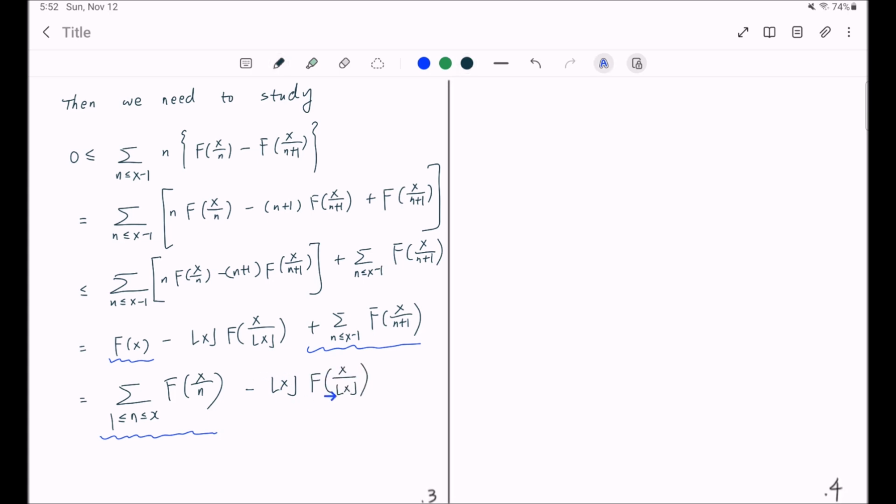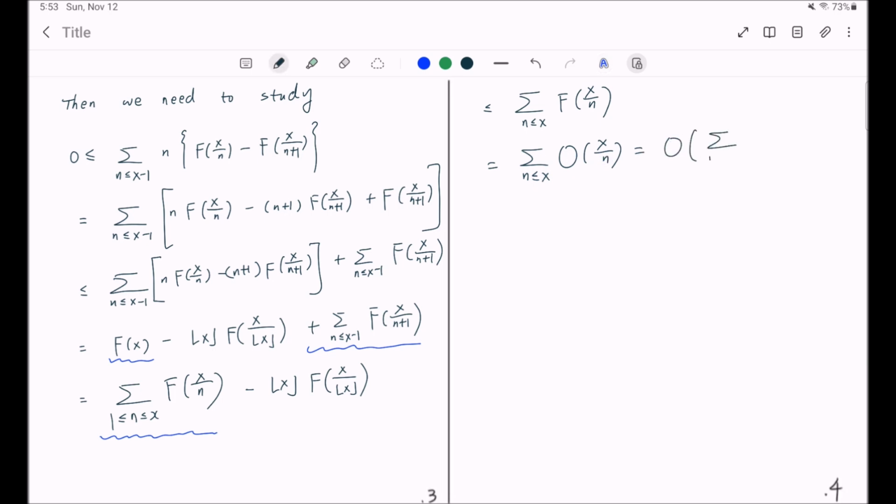And now we're going to simply throw away this non-negative term. This is always non-negative, so the whole thing will be bounded by just the first term. But by theorem 414, this is the summation for n less than or equal to x of big O of x divided by n. And now you move this summation into the parentheses.